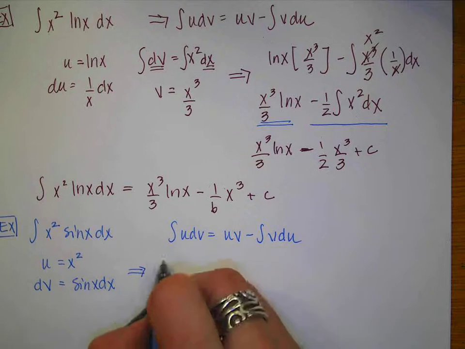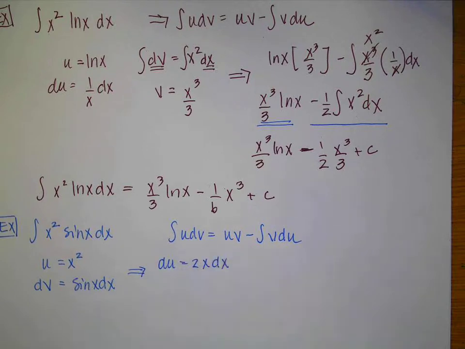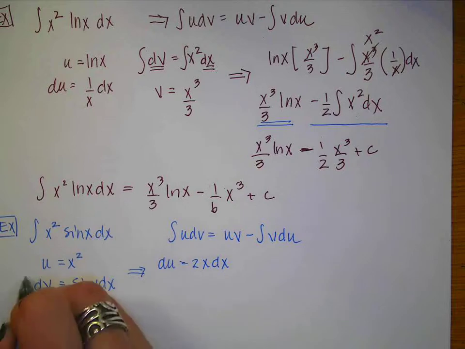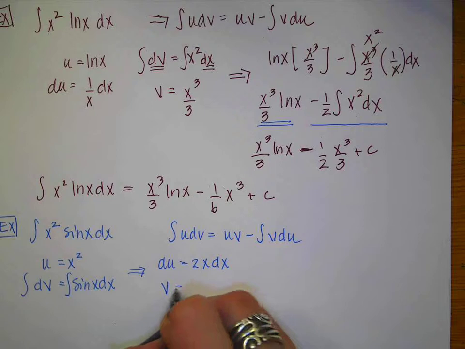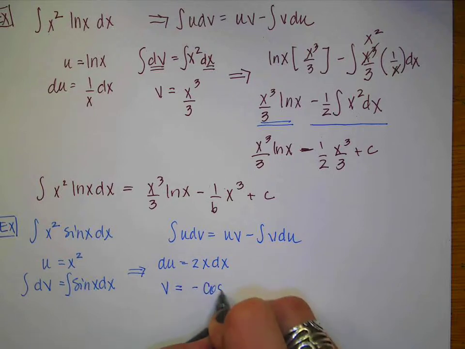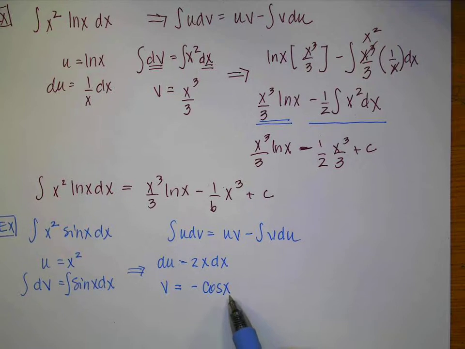So now I'm going to continue finding everything that I need. So my du is 2x dx. And then if I integrate this little guy and this little guy, I get that v is equal to a negative cosine of x. And again, remember, I'm not going to bring in my constant yet.